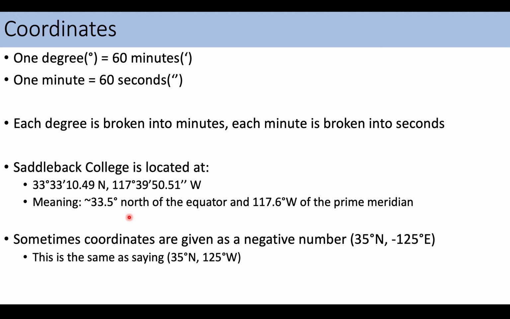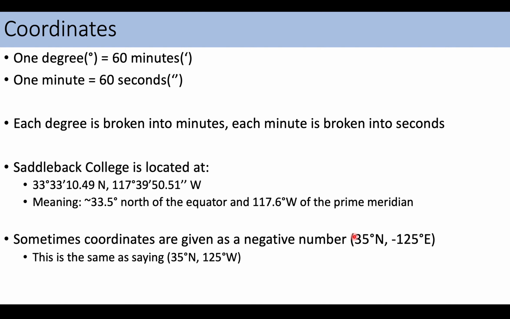So at Saddleback College, we are about 33.5 degrees north of the equator, and we're 117 degrees west of the prime meridian. Sometimes you can see coordinates with a negative number, and that would just mean that it's the opposite direction.